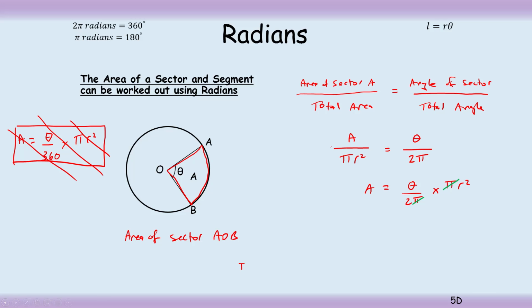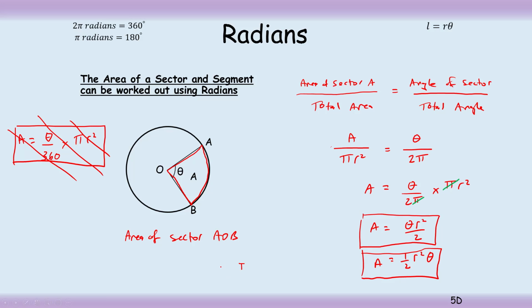Going back to red, that means A is going to be equal to theta r squared over 2. You can write that as half r squared theta. Either one of those, you can write it down as that.